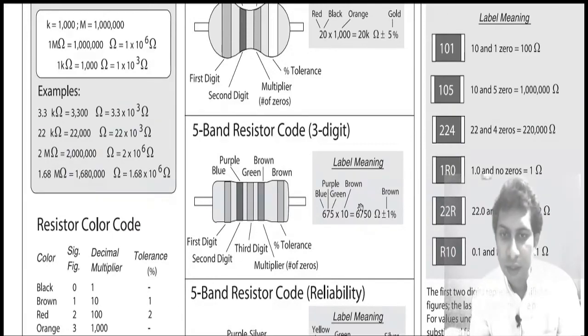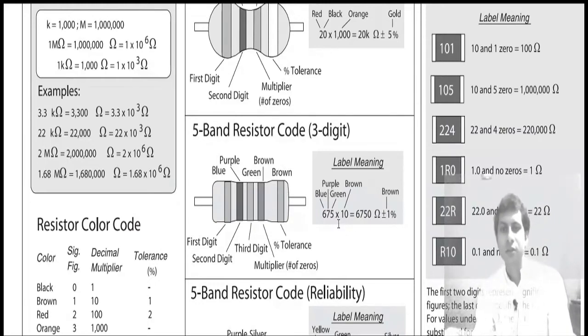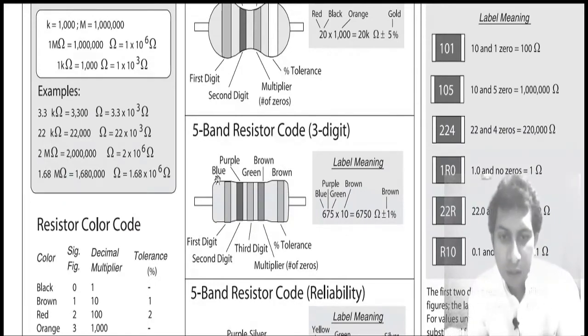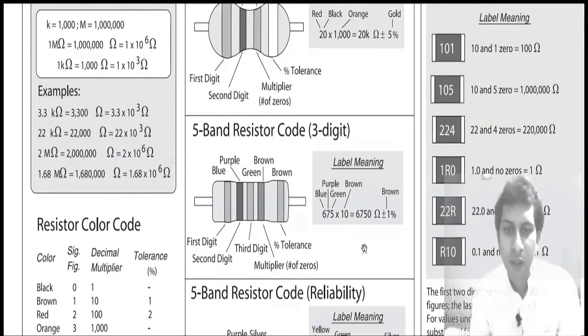Then we multiply by 10, that means 6750 ohm, and for the last band, plus minus 1%, which is brown in color, for tolerance, right? So wherever there are 5 bands in the resistance, you have to apply this concept for finding out the value of the resistance.